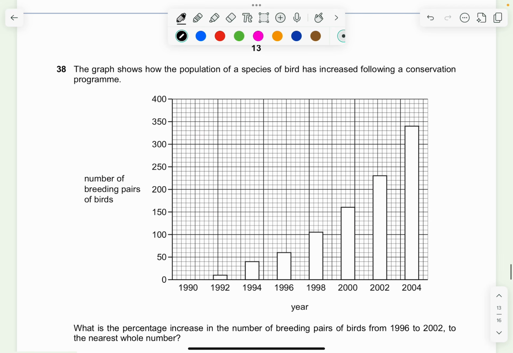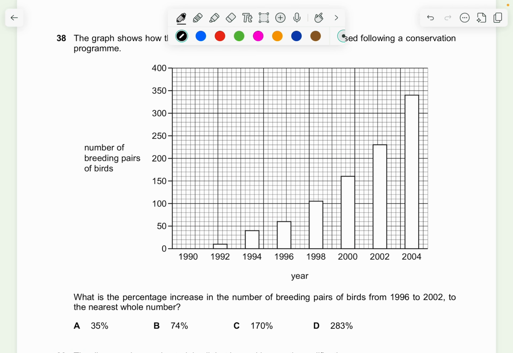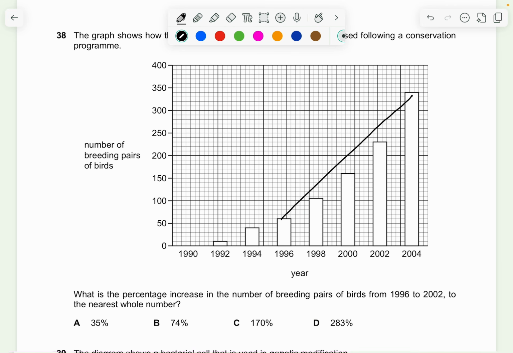Okay, question 38. The graph shows how the population of a species of bird has increased following a conservation program. What is the percentage increase in the number of breeding pairs of birds from 1996 to 2004? Right, so there's actually a significant increase. It's actually 60, and this is about 340. Alright, so let's calculate this.